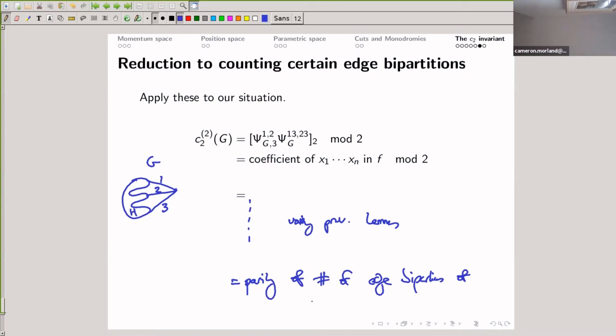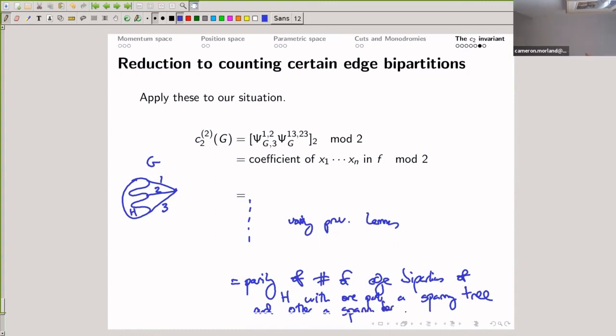So the number of edge bipartitions of H with one part a spanning tree and the other a spanning forest.